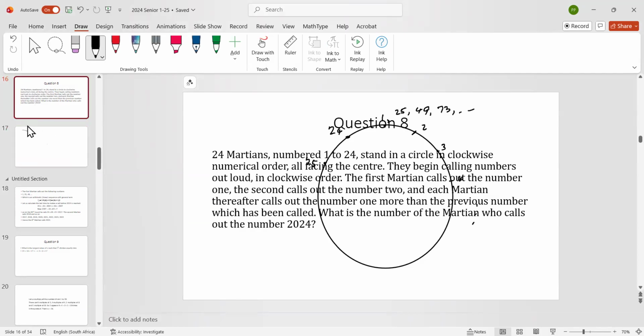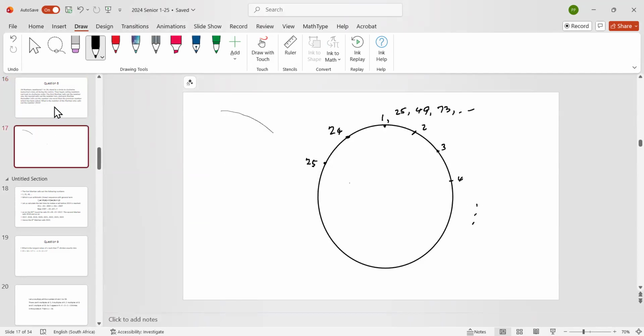That is really the question. Let's see what 1 calls out, and we'll try to get as close to 2024 as possible.